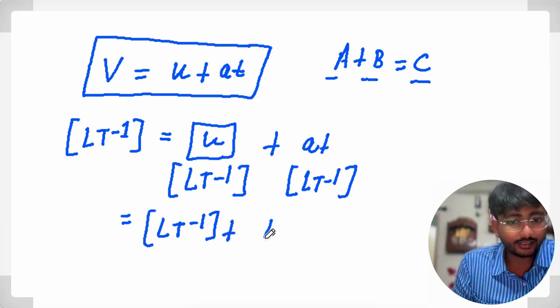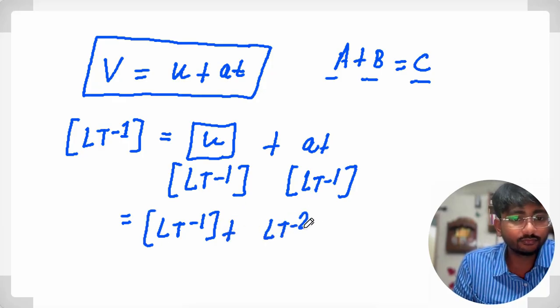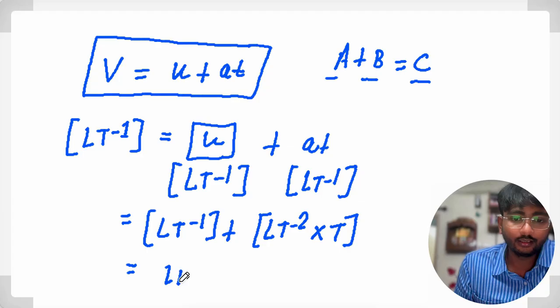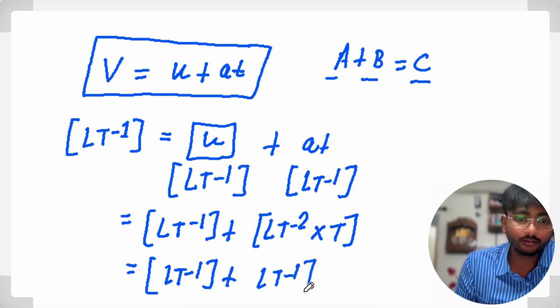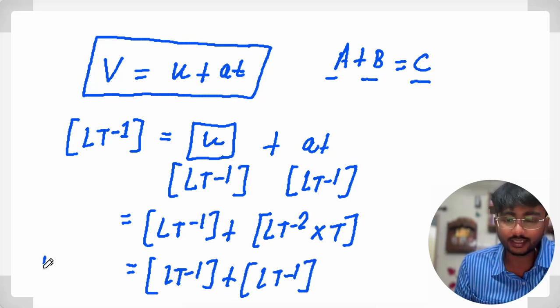And a is what? A is acceleration, that means L t to the power minus 2 into time, that means t. So this also becomes L t to the power minus 1 plus L t to the power minus 1. And this is L t to the power minus 1 as well.